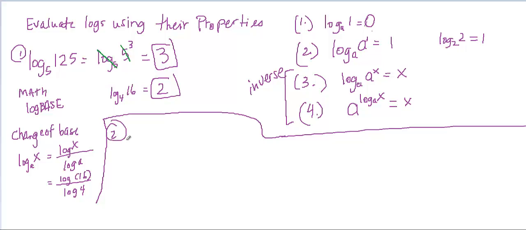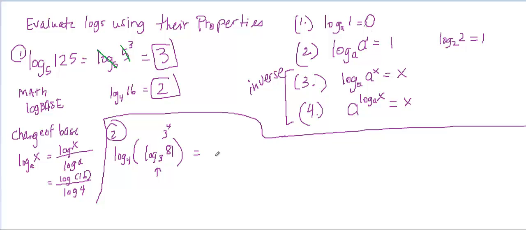Let's do the second problem. Log base 4 of log base 3 of 81. And that's all you're given. So if you take a moment and figure it out, you start here, you figure out that 81 is the same as 3 to the 4th.